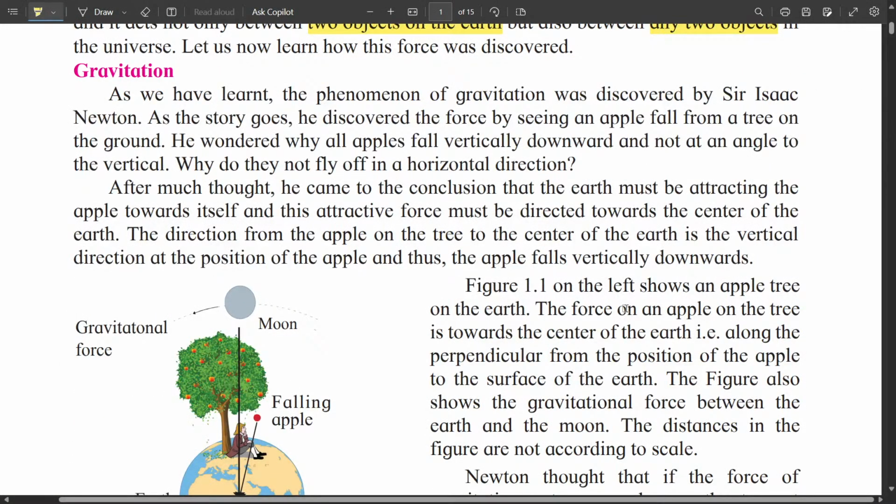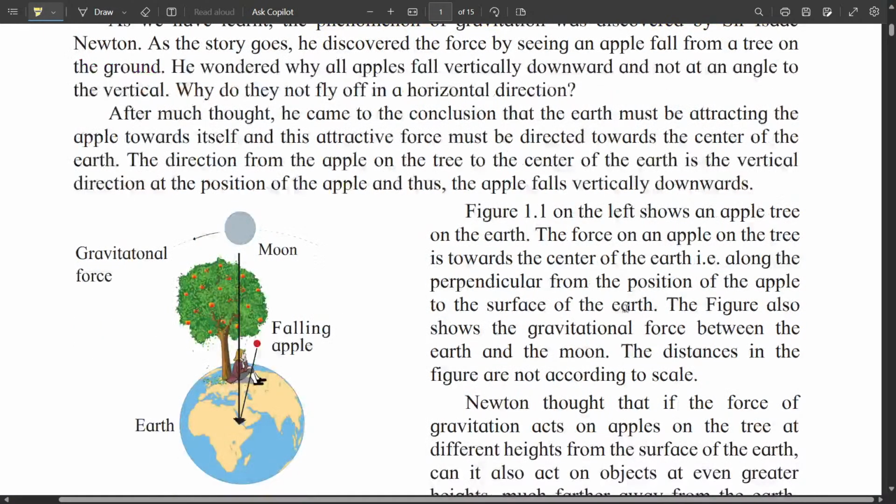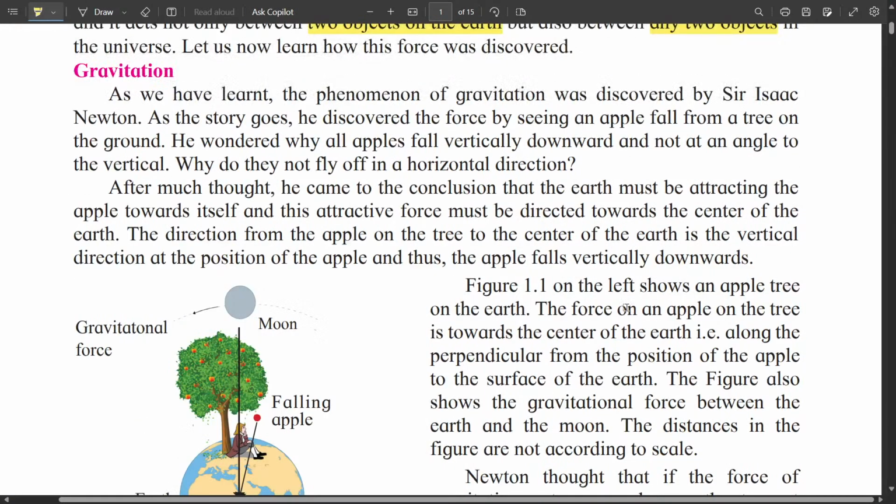As we have learnt, the phenomenon of gravitation was discovered by Sir Isaac Newton. As the story goes, he discovered the force by seeing an apple fall from a tree on the ground.